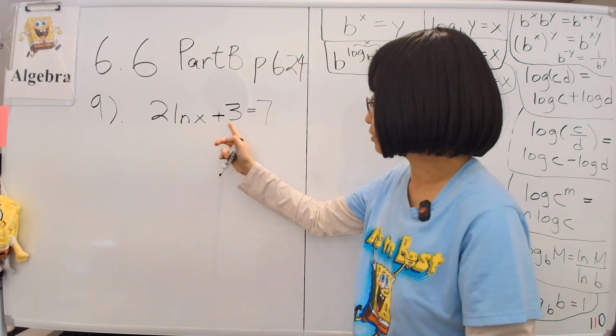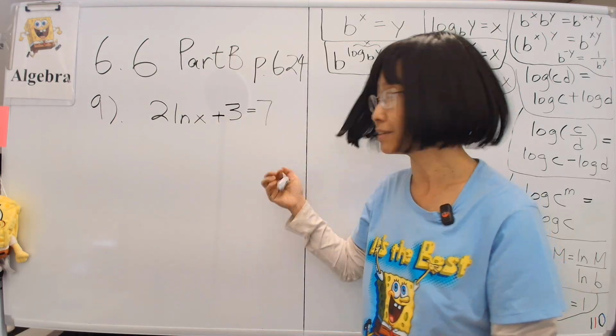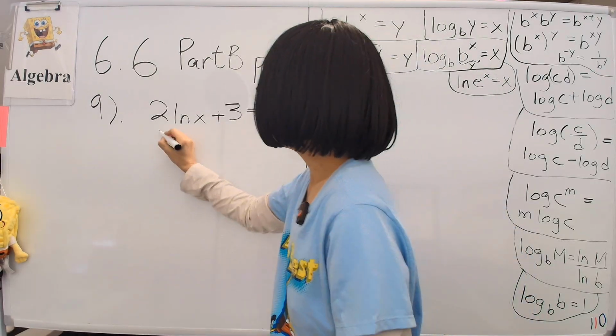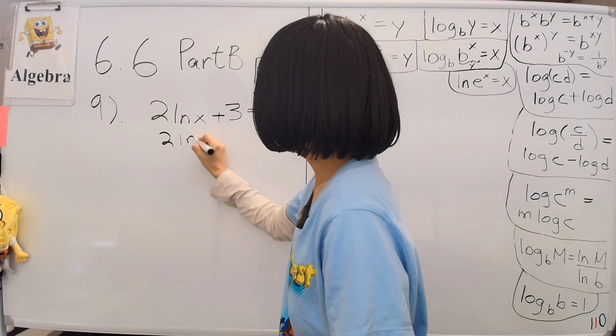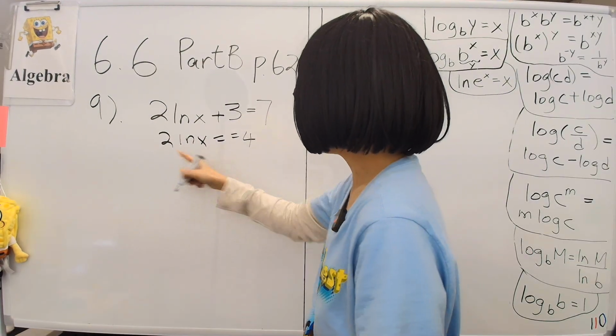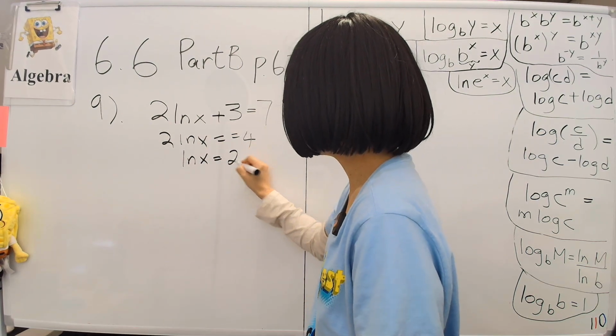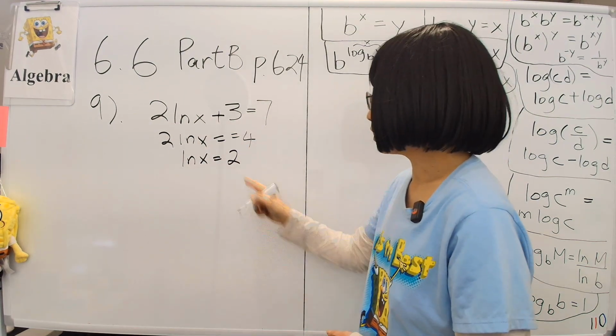So let's solve for this thing. To solve this equation, anything that isn't directly connected to x, let's kick it to the other side of the equation. We have 2 natural log of x equal to 7 minus 3, which is 4. Dividing both sides by 2, natural log of x equal to 2. And so what's x then?